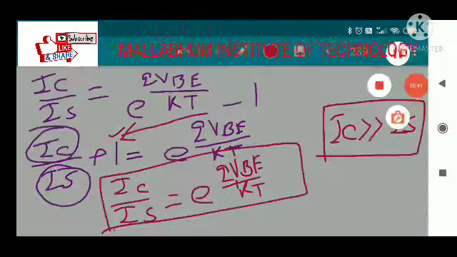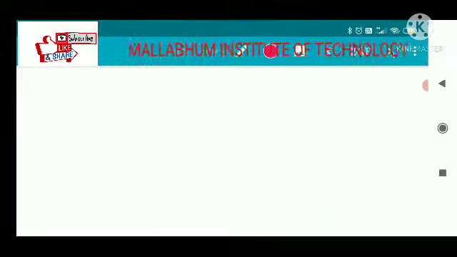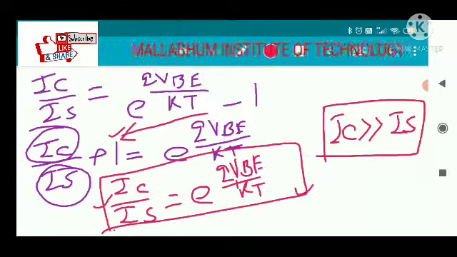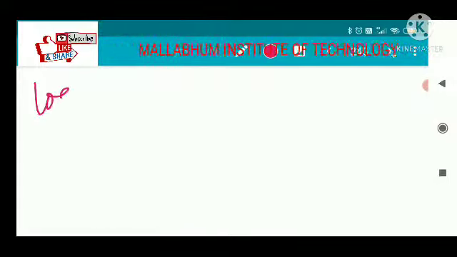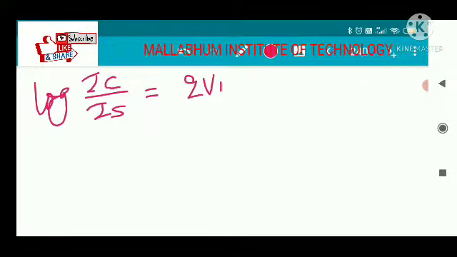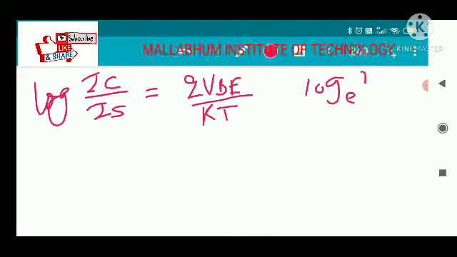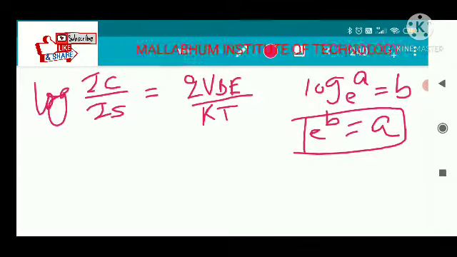Next, I am taking log on both sides, with base e. So log IC divided by IS equals QVB divided by KT, because if log e to the power A equals B, then e to the power B equals A. Okay, so this is the procedure.